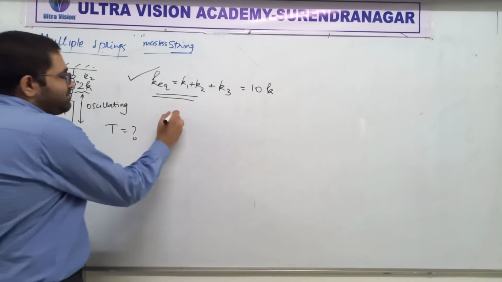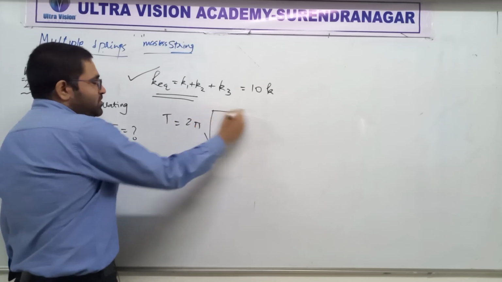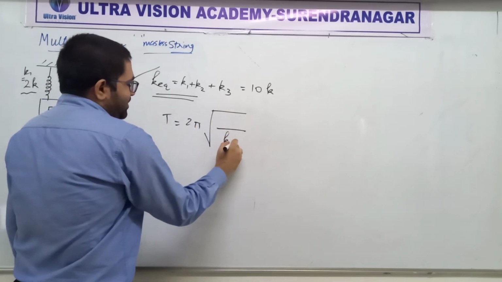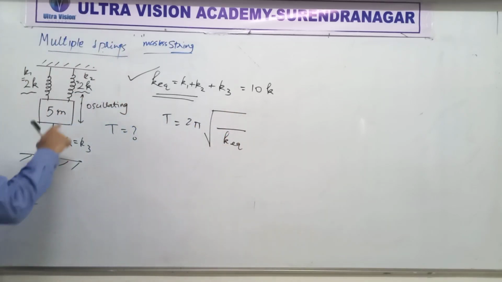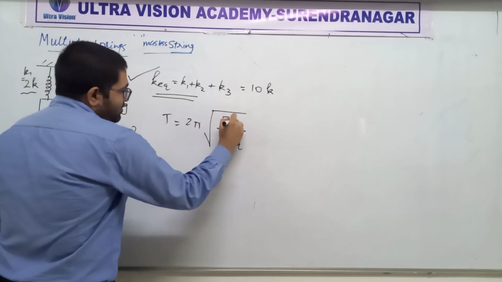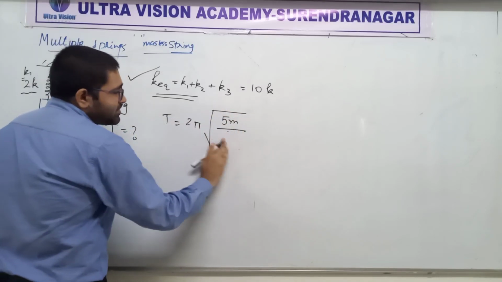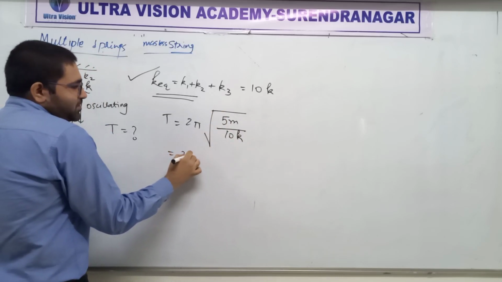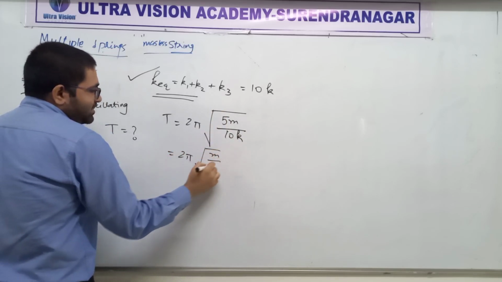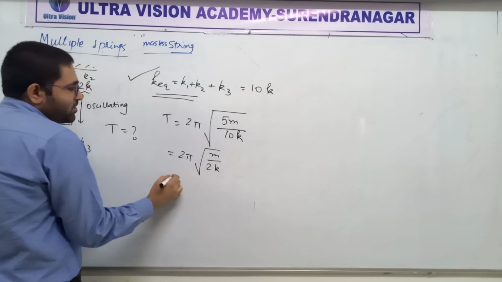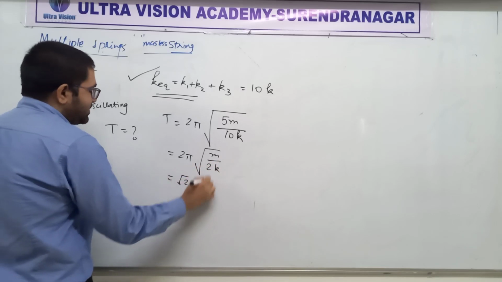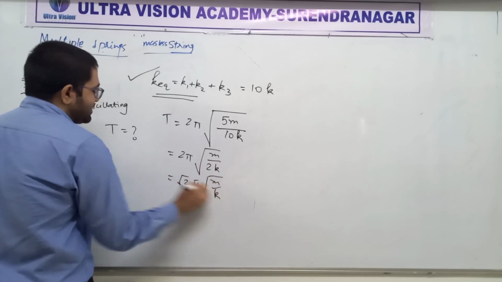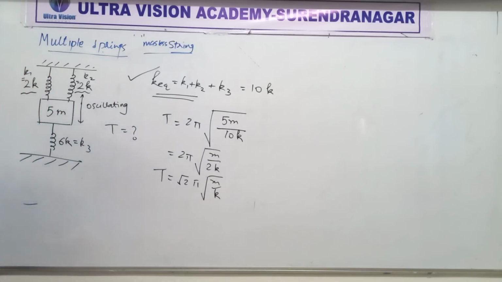Now time period is 2 pi under root m by K equivalent. So what's m? 5m, don't forget. And what is K equivalent? 10K. So just cancel that and you get 2 pi under root m by 2k, or if you want you can take root 2 out, so root 2 pi under root m by k. Understood?